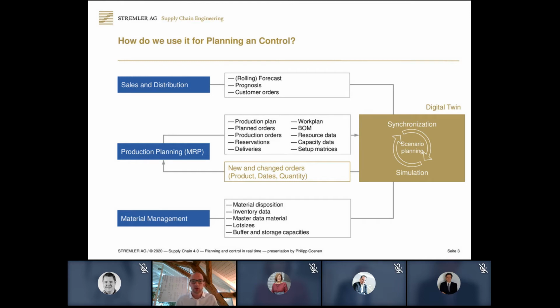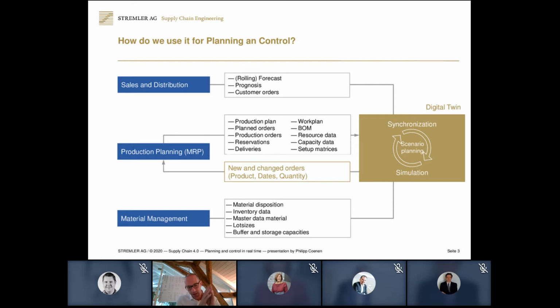So what do we use this data for? At Stremler, we have two main principles, and the first one is synchronization. We synchronize the data and we synchronize processes with the data.